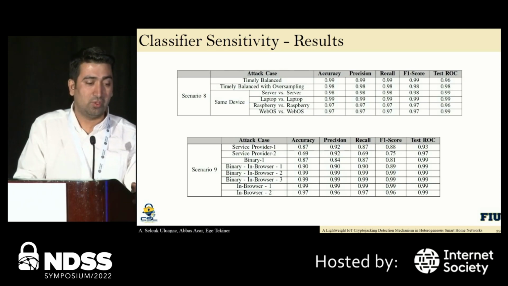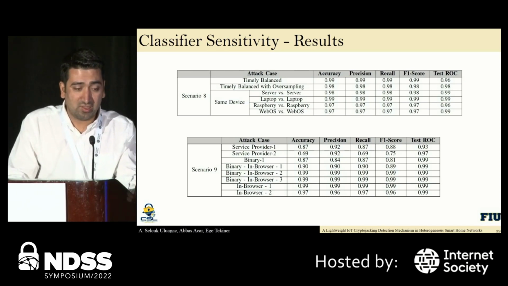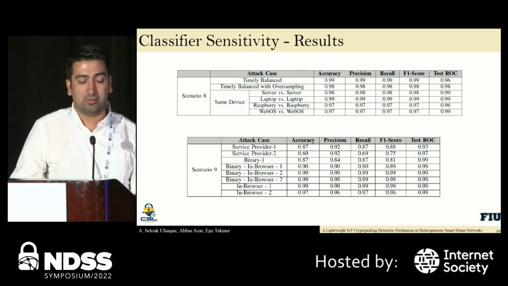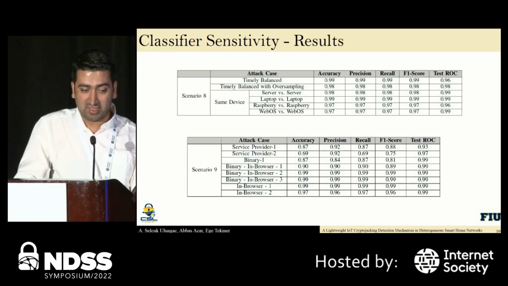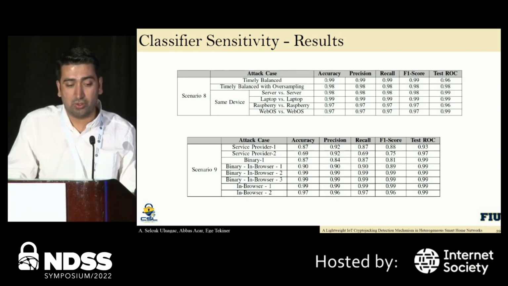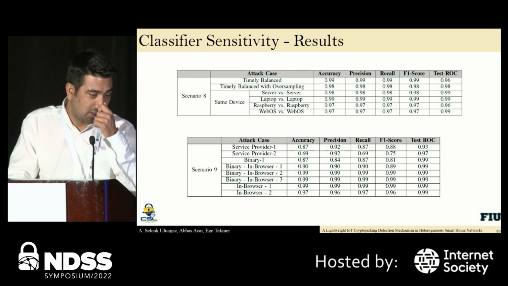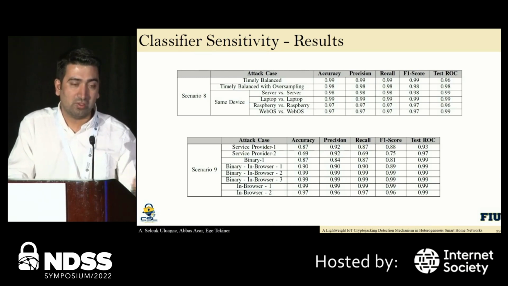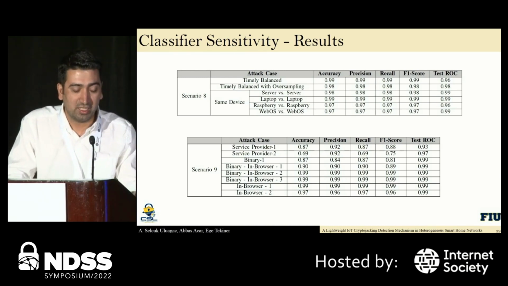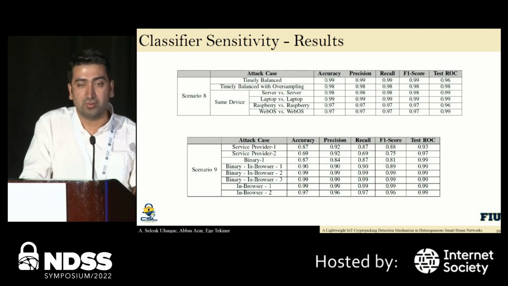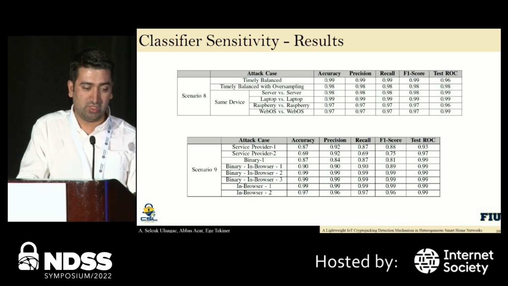When we look at, for example, scenario 8, we can see that even though there are different imbalanced datasets, the accuracy is at least 97%. This means that the features that we decided on in the beginning to design the optimum cryptojacking detection are giving high accuracy in different imbalanced dataset scenarios as well.